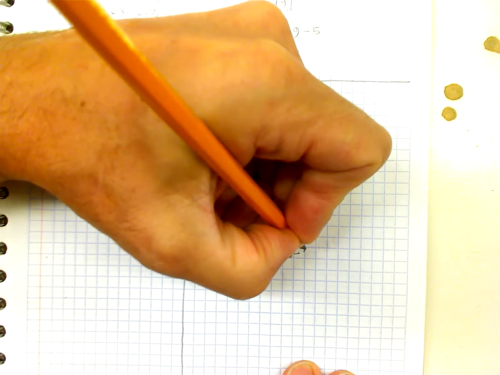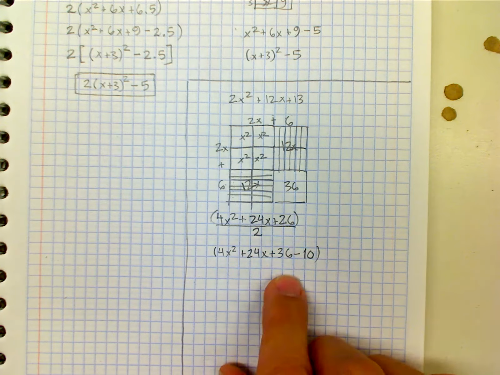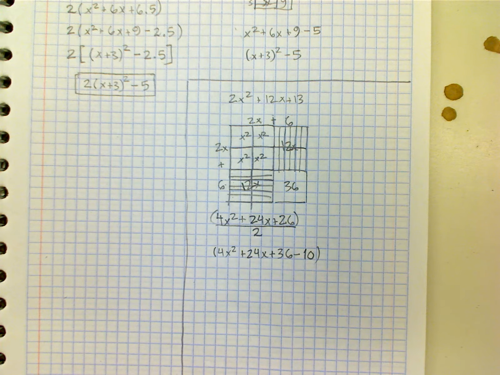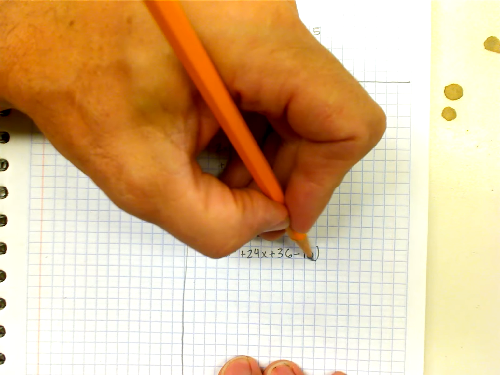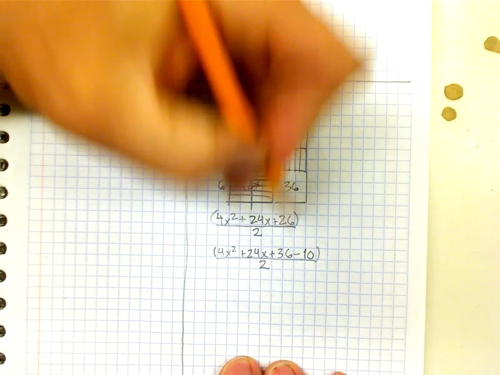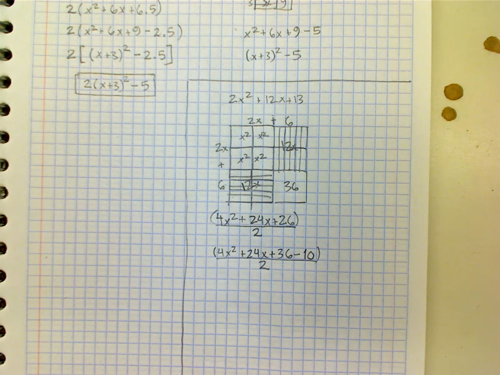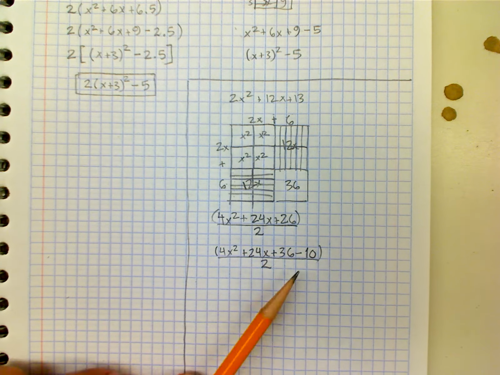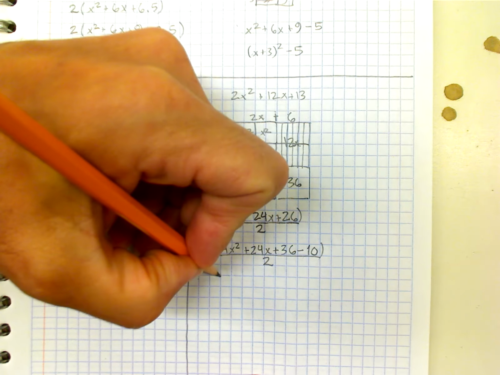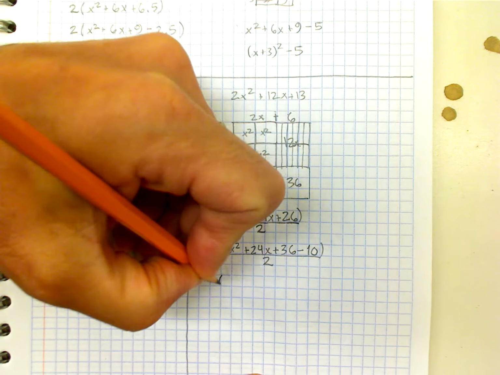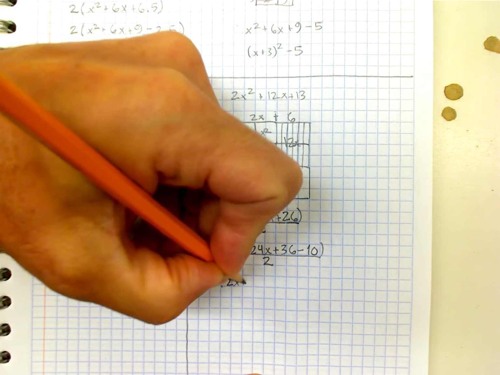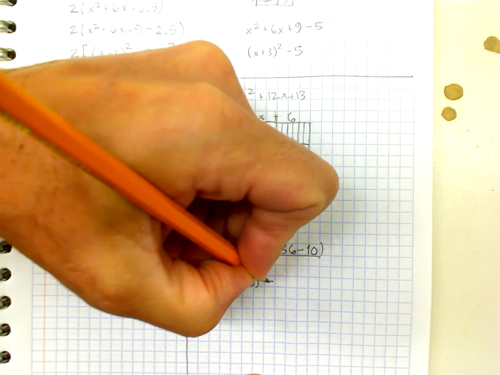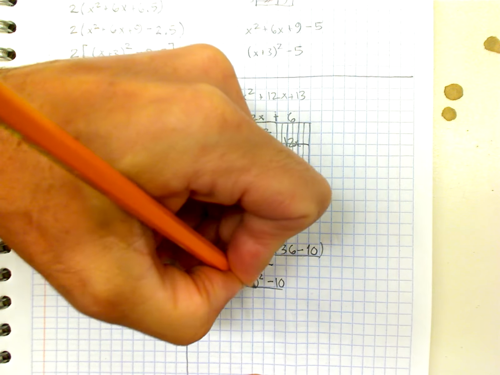And then I'm going to subtract off 10 to get back to the original 26. And I'm still dividing this whole thing by 2. So that's interesting. Now we've got a perfect square and a constant term inside. So let's take a look at that. It's 2x plus 6 squared minus 10, all divided by 2.